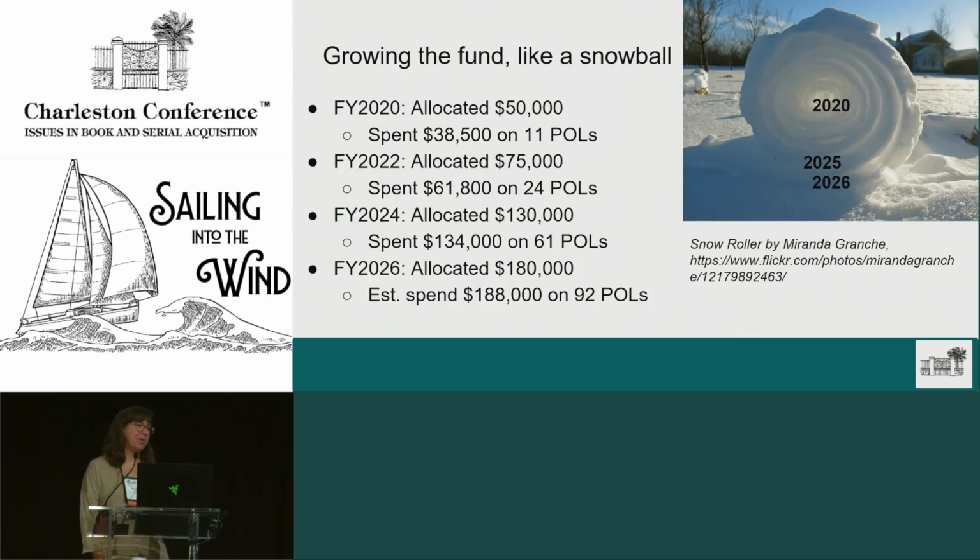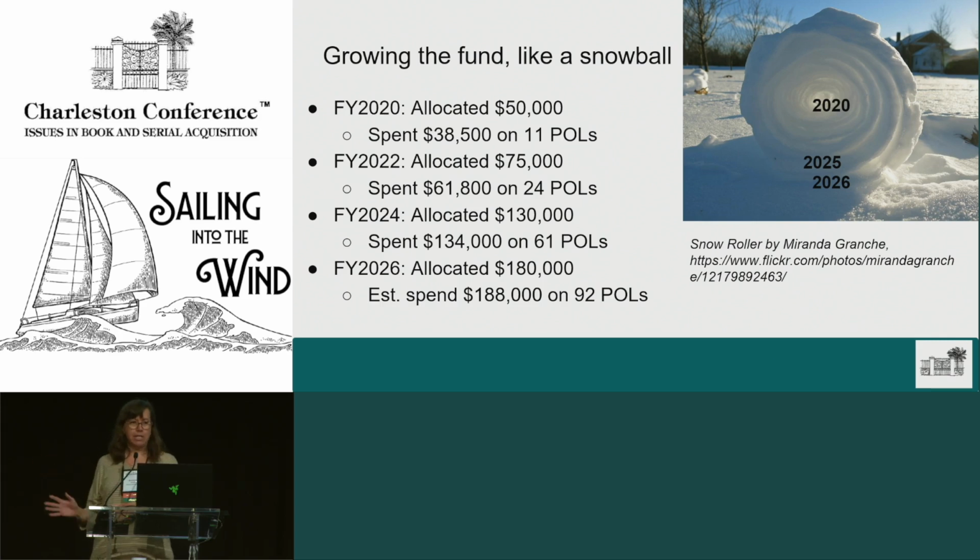And so this, I call it a snowball, but I found this picture of a snow roller, which I think is a better illustration of how we're rolling towards investing more in open access. This could have been a table, and I've added to it since the last time we gave this presentation, but you can see that since 2020, we've gone from a $50,000 allocation for open access to a $180,000 allocation.